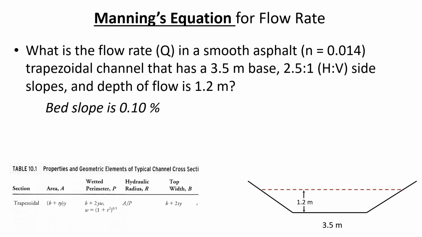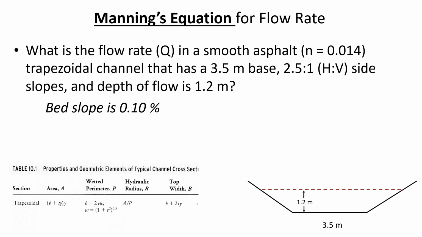So that area is to the 5/3. And then slope is to the 1/2, so that is 0.001 to the 1/2 power. The n value is 0.014, and then the wetted perimeter, we have to calculate W. We'll do that separately. But then the wetted perimeter itself is going to be b plus 2yW. And that's to the 2/3 power.